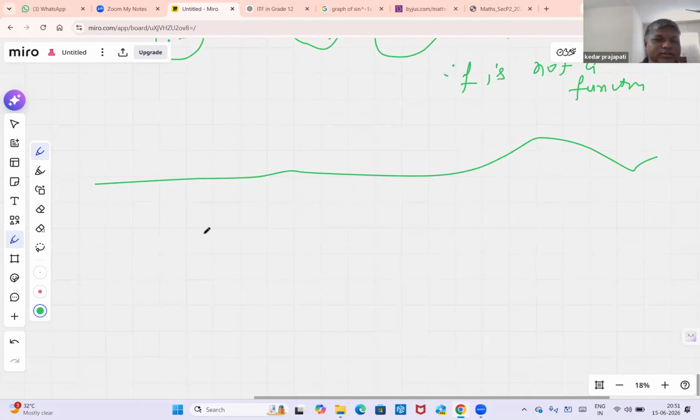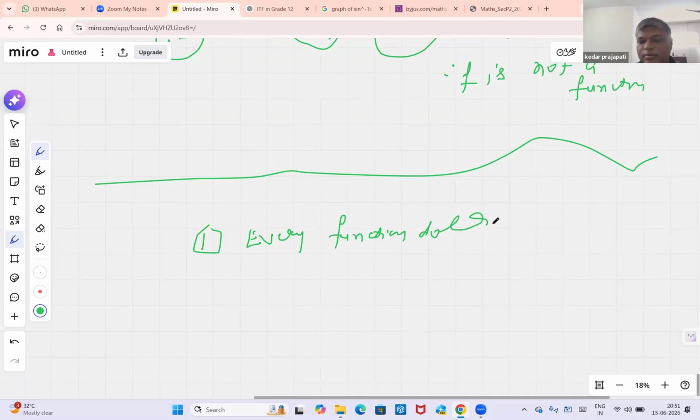So we learned every function does not have an inverse.